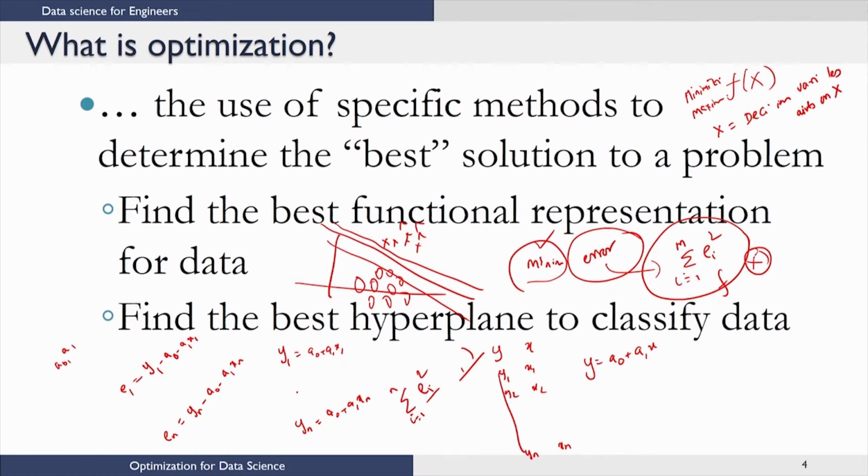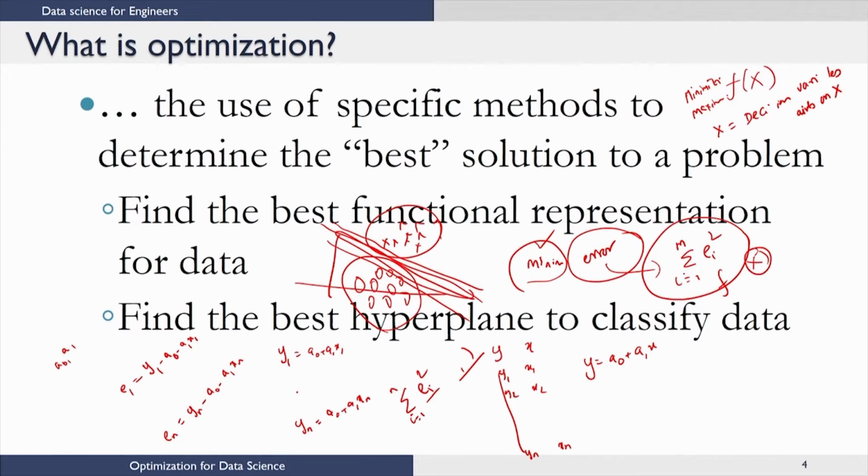Those parameters that characterize these hyperplanes become the decision variables. And in this case, the function that I am trying to optimize is that when I choose a hyperplane, I should not misclassify any data. So, for example, I have to choose a hyperplane in such a way that all of this data is on one half space of the hyperplane, and all of this data is on the other half space of the hyperplane.